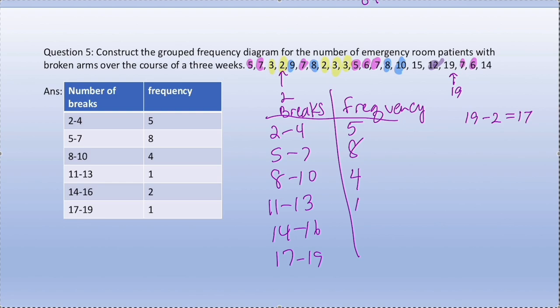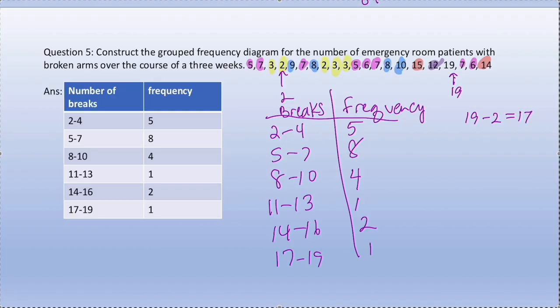Now we do 14, 15, 16. I only see 14 and 15 left, so there's only 2 of those. And then finally, our highest value in that 17 to 19 category, there's just 19, so there's just one of those. So 14 to 16 was 2, 17 to 19 is 1.